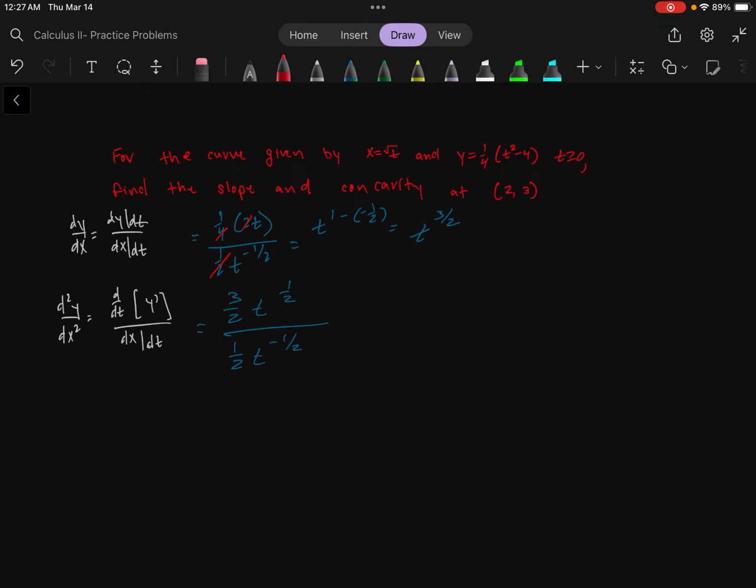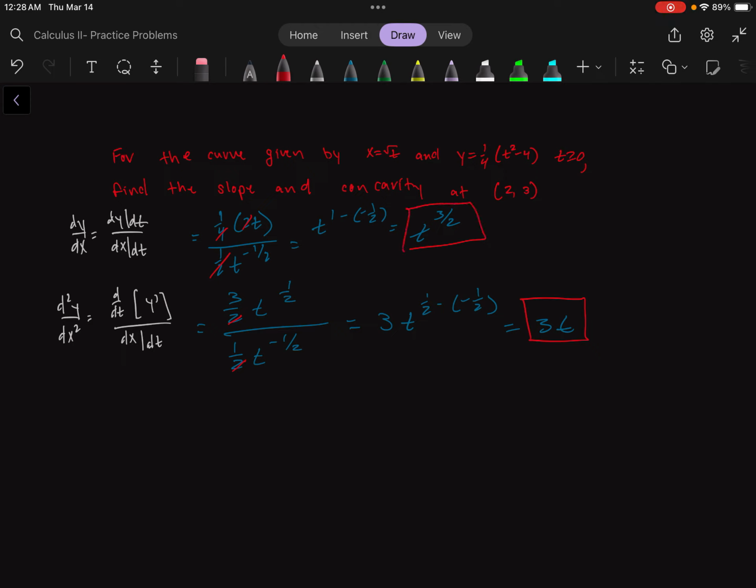And let's see, the halves cancel each other. So we're just left with a 3t, right? Because we have a t to the 1/2 minus negative 1/2. Those 1/2s add together to just become 3t. So this is the second derivative. This is the first derivative.